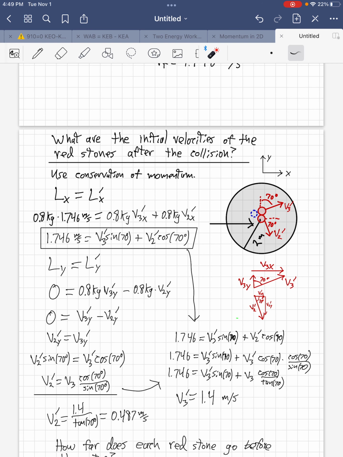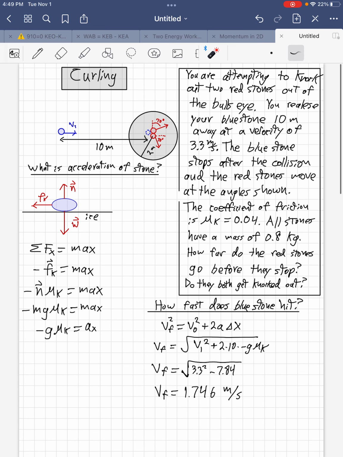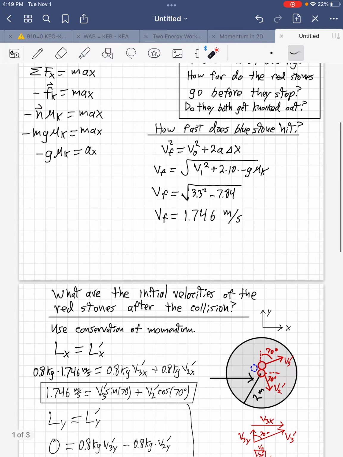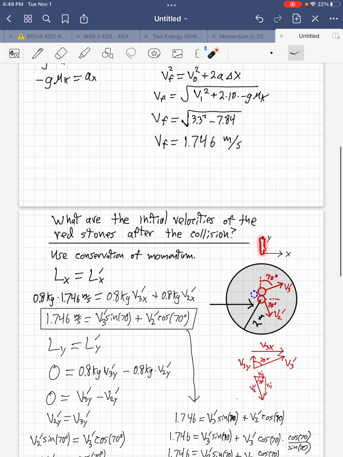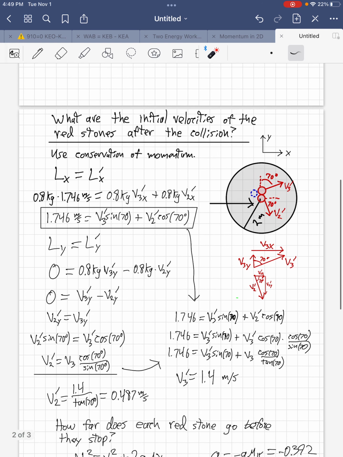So let's think about the momentum in the y direction. The momentum in the y direction before the collision is 0, because the blue stone is just moving perfectly horizontally. It's not moving in the y direction at all. That equals the momentum in the y direction after the collision, which is going to include the y component of this guy's velocity and the y component of this guy's velocity.